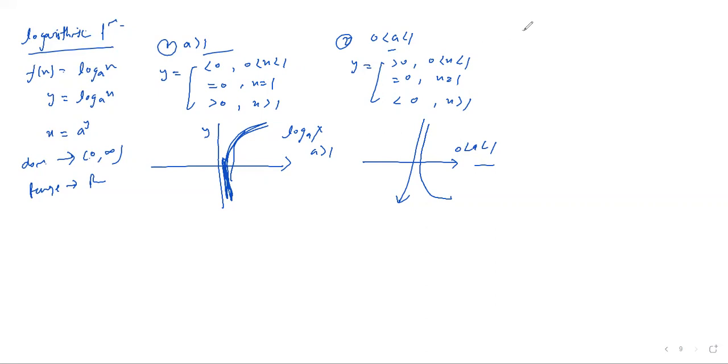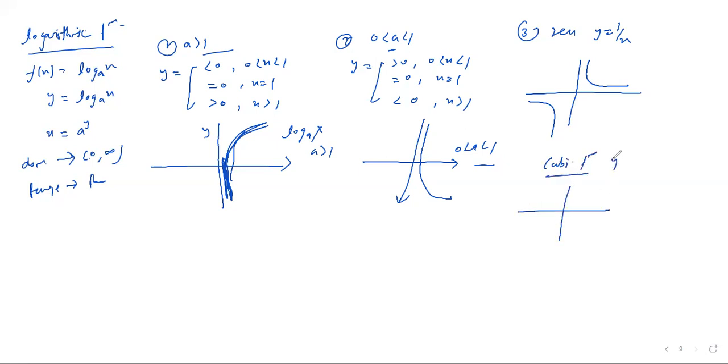Now we also have the reciprocal function, where y equals 1 by x, and its graph is like this. We have the cubic function too, y equals x cubed, and it is like this.